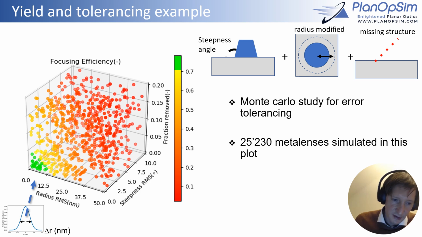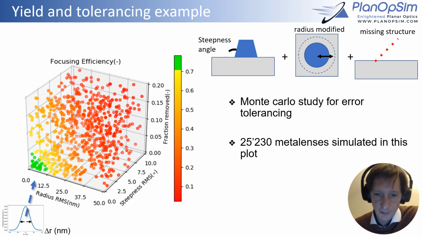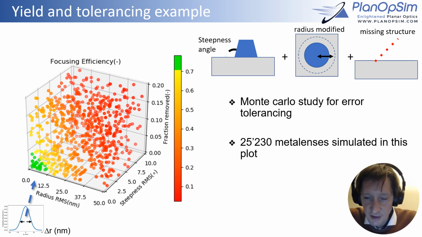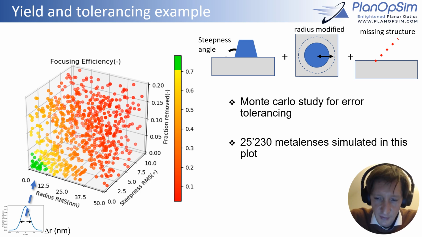And we see here in the lower left corner, these cases have a good performance still within 90% of the nominal transmission, whereas as we go further and further away from this point, we start to have more errors. And this allows us to identify again the sensitive parameters for fabrication. A plot like this contains about 25,000 metalens simulations, so it's a time-consuming calculation that would not be possible without multi-scale calculations like we employ in our designs.